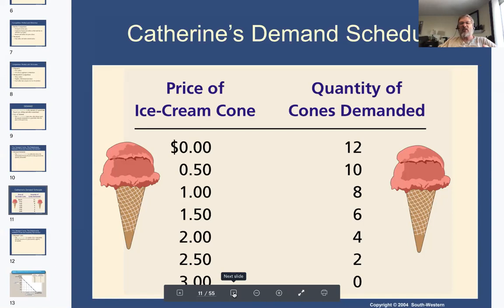In particular, notice that really what demand is about is how the quantity demanded changes as we change the price. If you think about the law of demand, we said when the price rises, that's a change, right? Then the quantity demanded decreases, that's a change. So you can't talk about demand if you only have one price and one quantity demanded. That's a single point on a demand curve. It's one row here, but it doesn't capture demand overall.